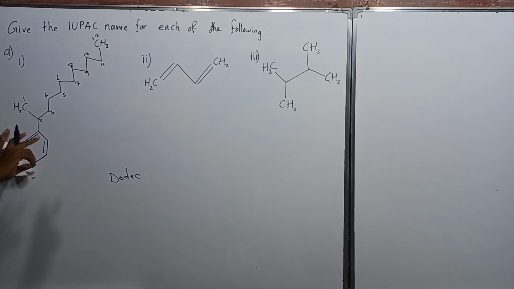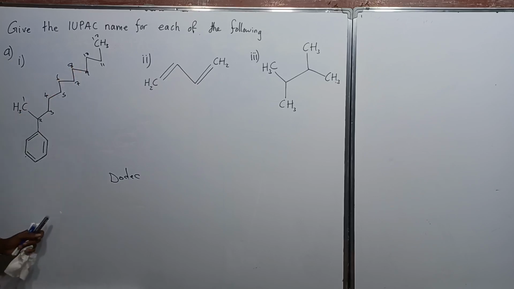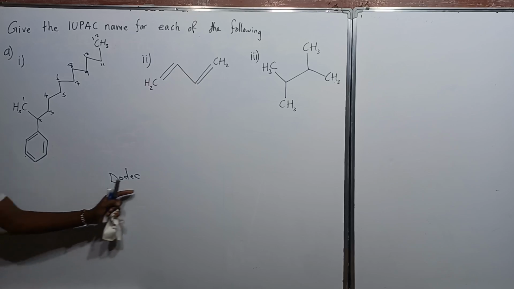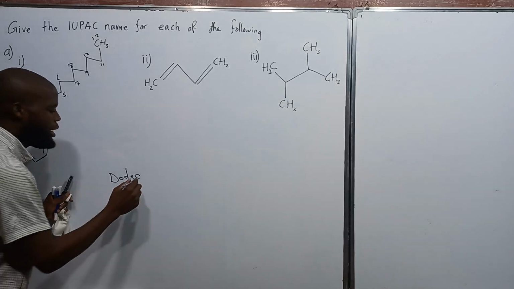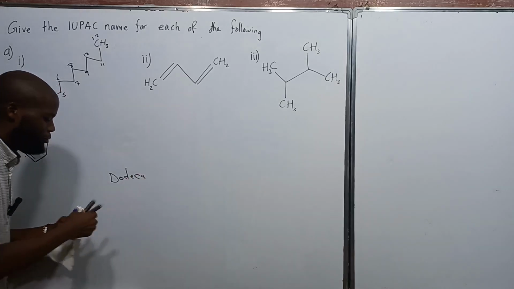We check for the presence of any double or triple bonds in the longest chain, the parent chain. Because we do not have any double or triple bonds in the parent chain, the suffix, meaning the name ending for this compound, is going to end in ANE.